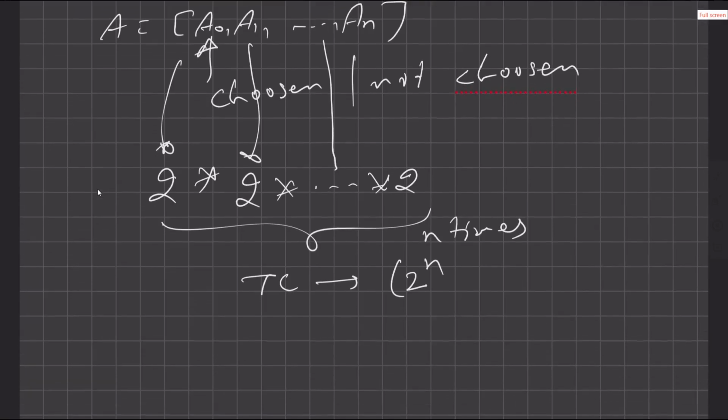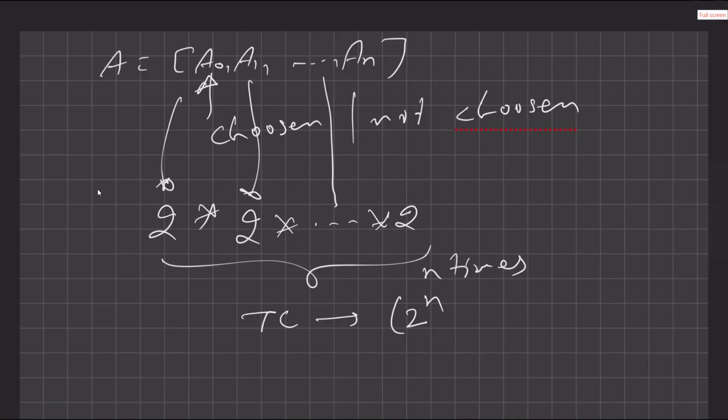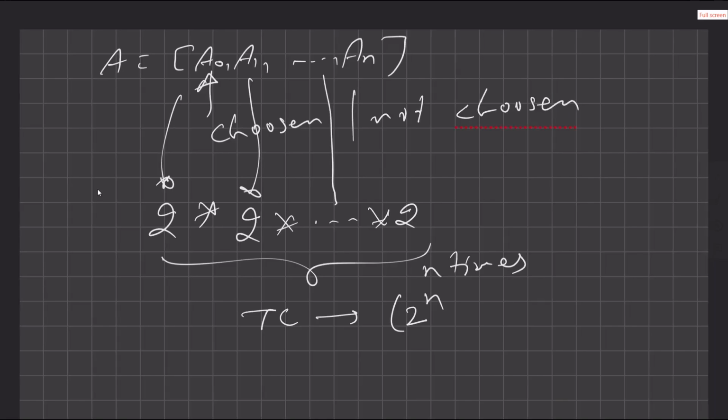And since you have chosen elements and then you will be doing XOR operation, each element you're taking, all n elements at max, this will take time complexity of n, so it will be 2^n times n.